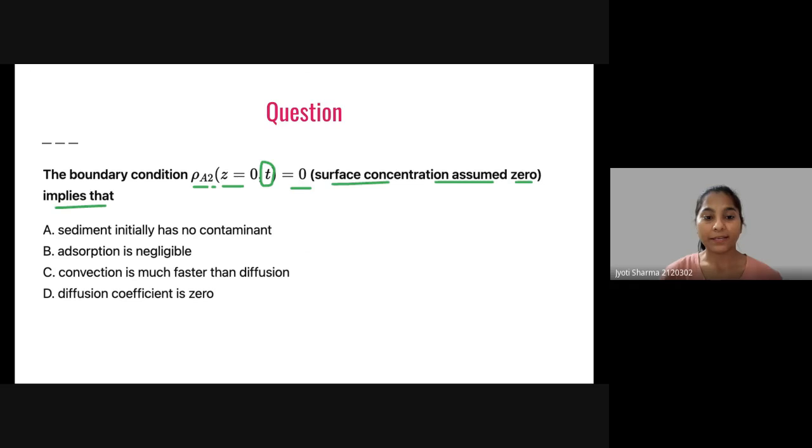So what it is saying is that we have concentration of A in the pore water at the place where z is equal to 0, so it means at the interface and at some time t, and if we are saying that this concentration is equal to 0, so surface concentration that is assumed to be 0 implies what?